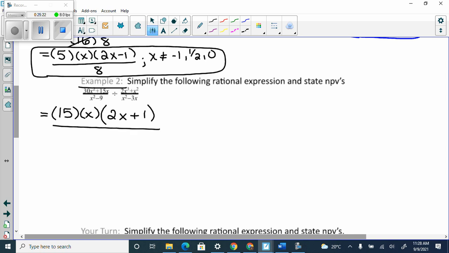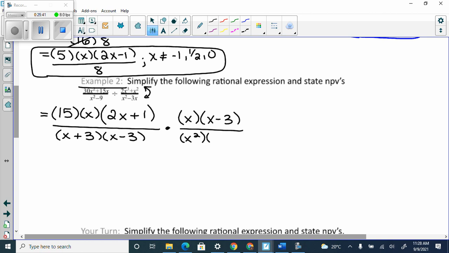X squared minus 9 is the difference of squares, so we get x plus 3, x minus 3. Multiplication, take an x out of it, we're left with x, and then x minus 3, because these swap. The top, I can take an x squared out, and I'm left with 2x plus x squared, take out an x squared is a 1. Everyone did okay to there?